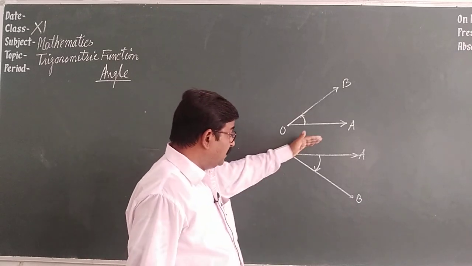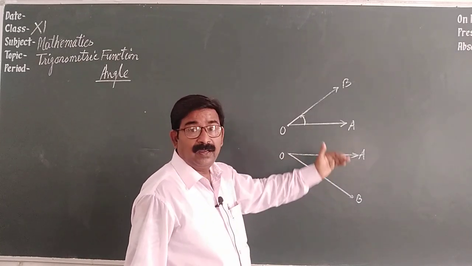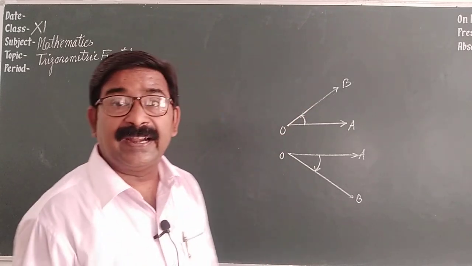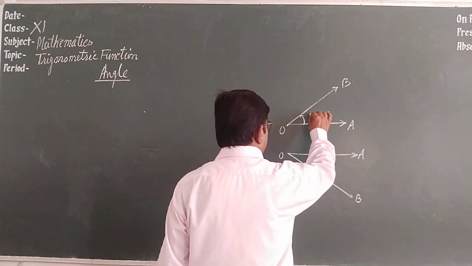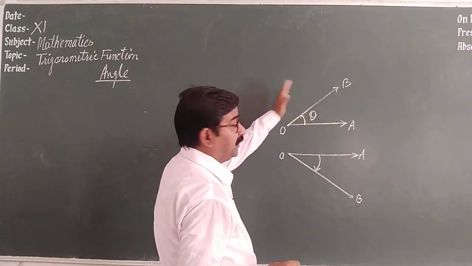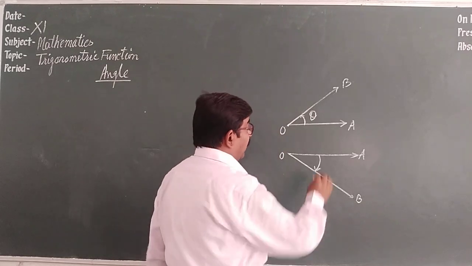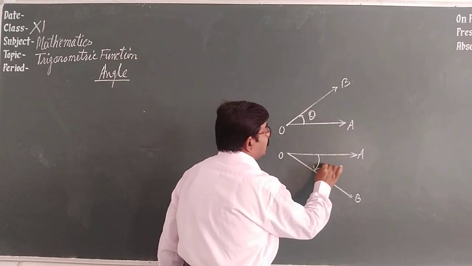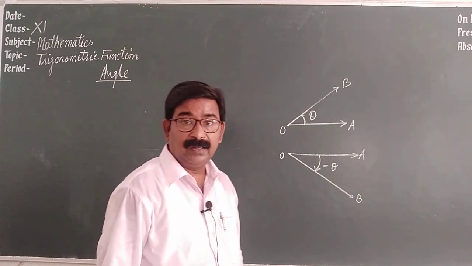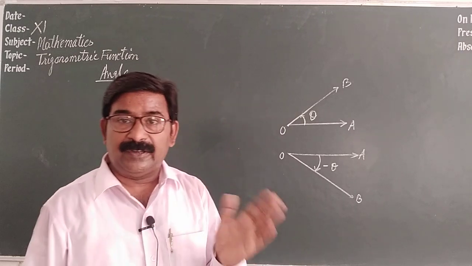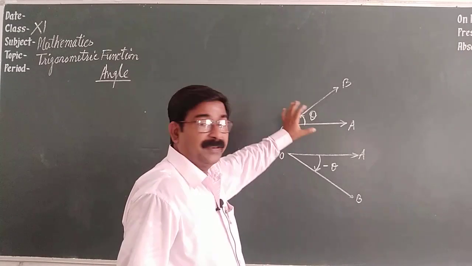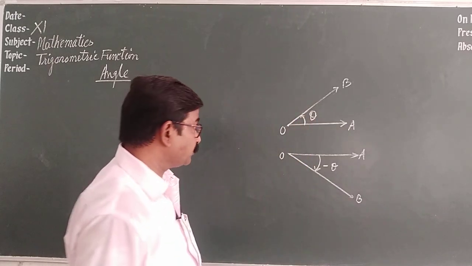And when it terminates clockwise, the angle is considered a negative angle. Suppose this angle is theta, it is anti-clockwise, so positive, and this is clockwise, this is minus theta. Magnitude is always positive, no problem, but its nature is negative or positive.